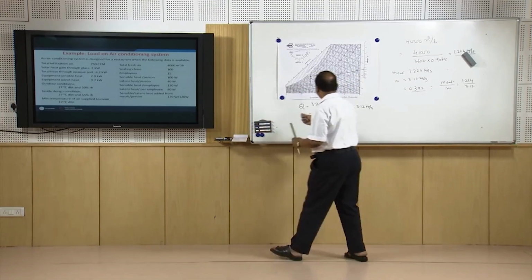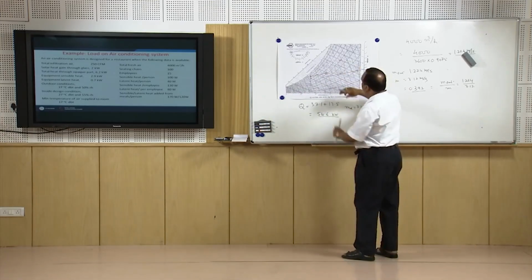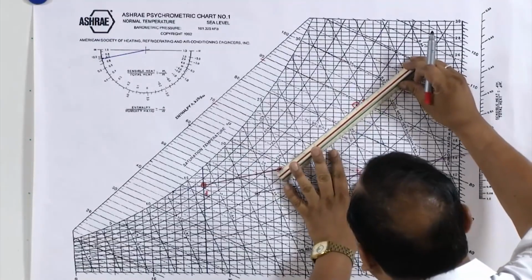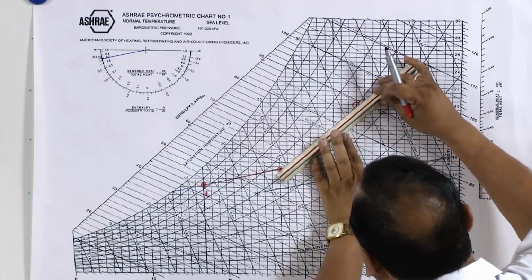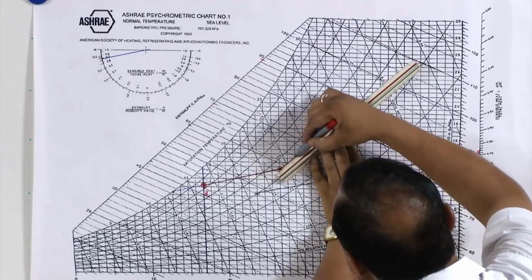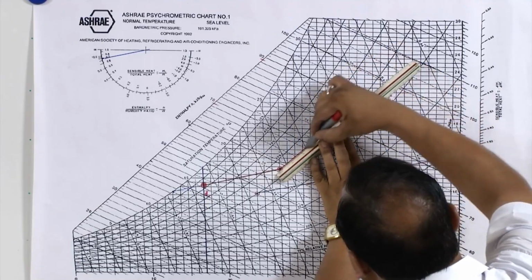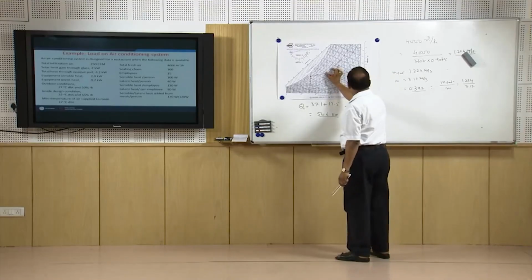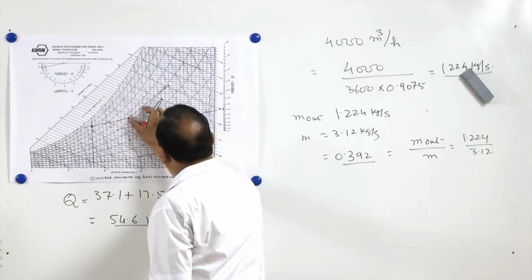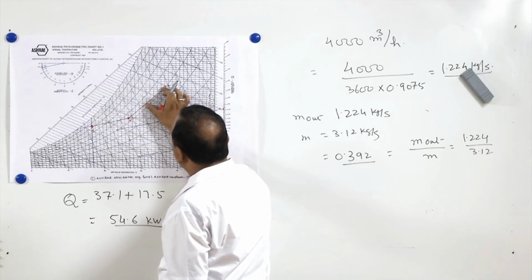Now for taking the mixture of outside air and inside air, we will join these two lines, and we will take 0.39. So this part will be 39.2, and this part is going to be 60.8.